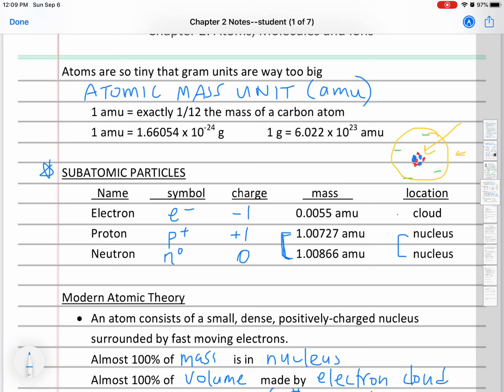And an AMU is defined as exactly 1/12 the mass of a carbon atom. And so if we wanted to do a conversion to grams, 1 AMU is 1.66054 times 10 to the minus 24 grams, or 1 gram is 6.02 times 10 to the 23rd AMUs. This number, you might want to take a little mental image of. You're going to see it again very soon.